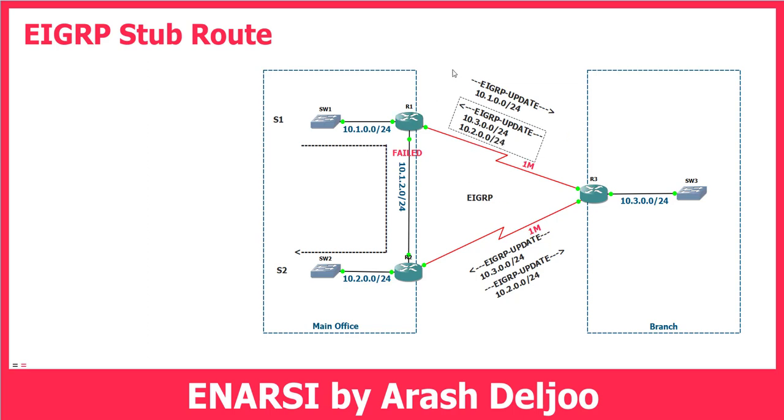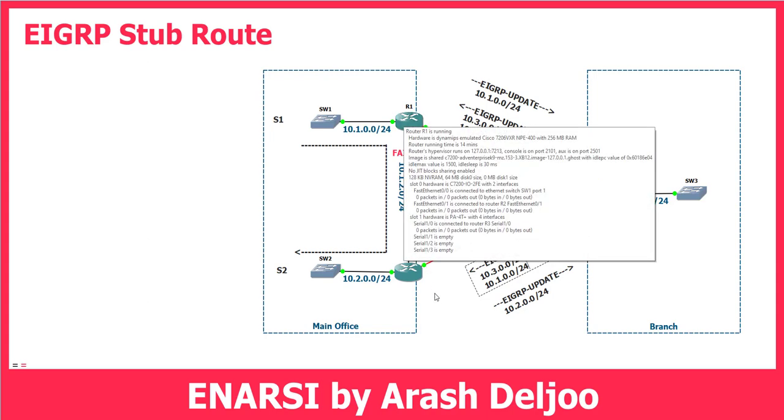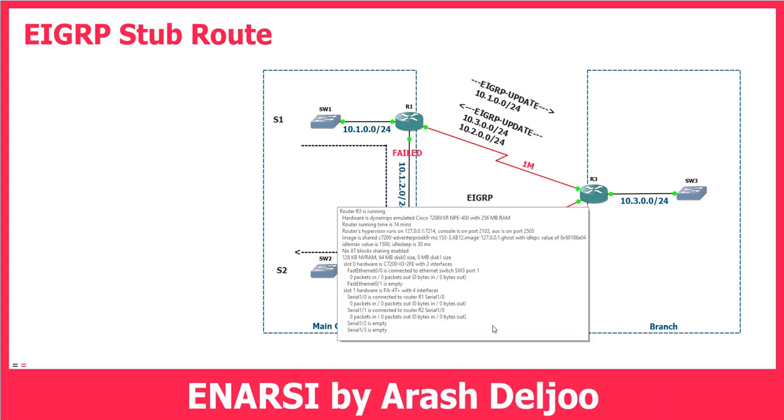Also R1 is sending 10.1.0.0/24 to router 3, and router 3 also should send this information to router 2. Maybe you know that before the failure, 10.1.0.0/24 was sent to router 3, and router 3 also sent it to router 2. But because the path directly from router 1 is the better path, we didn't use the route from router 3.